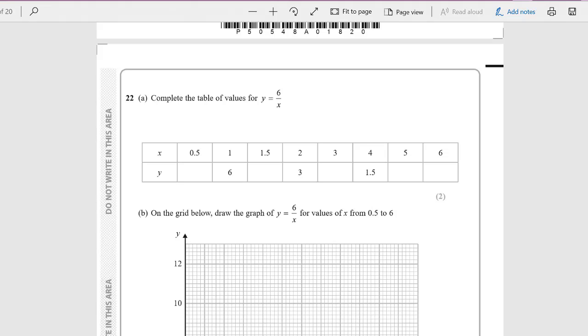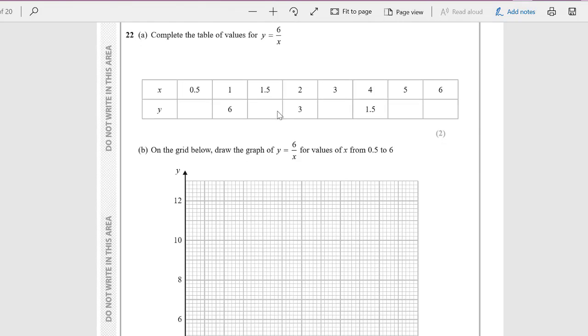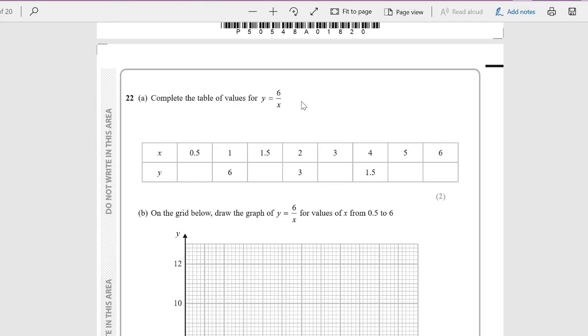Question 22. Complete the table of values for y equals 6 over x. So basically we'd say 6 divided by 0.5 was 12.